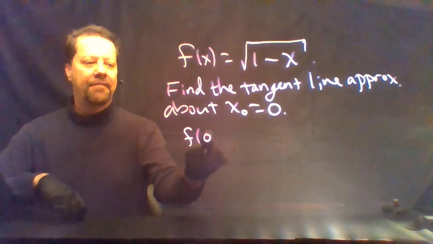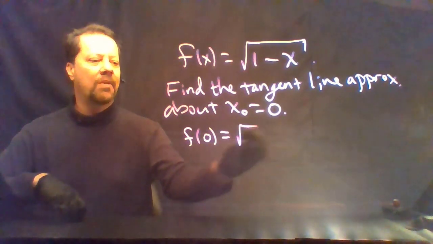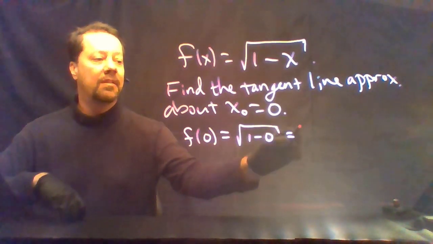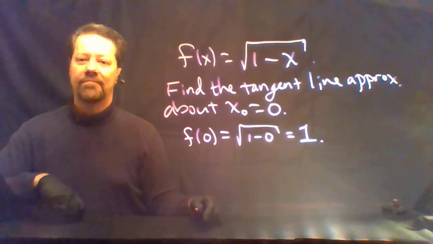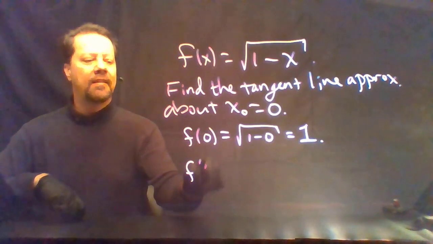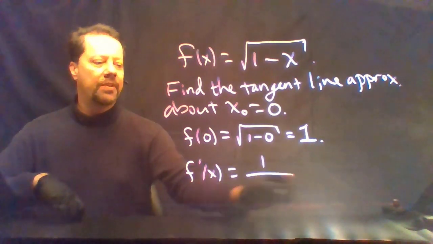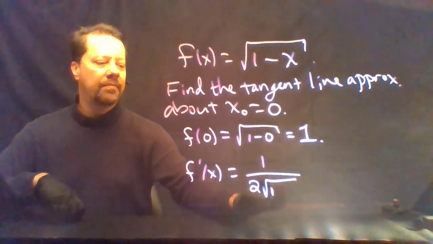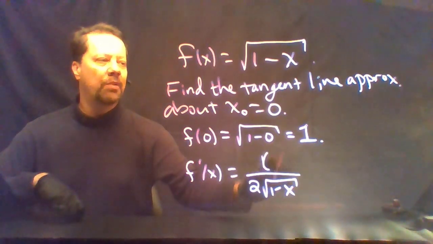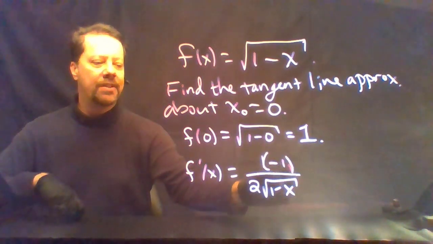First, note that f of 0 is the square root of 1 minus 0, which is 1. Then, let's calculate the derivative. The derivative of square root is 1 over 2 root, but you need to multiply by the derivative of the inside, which is negative 1.